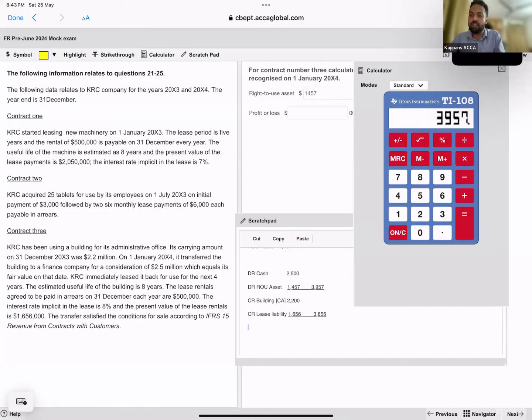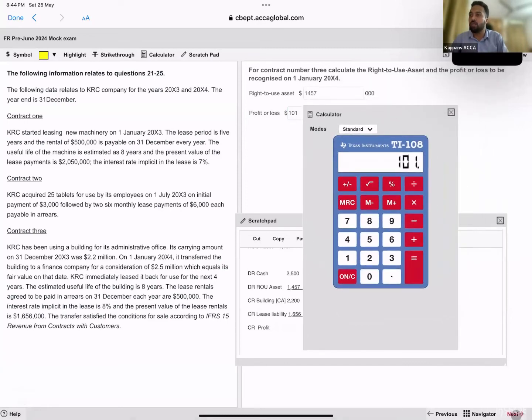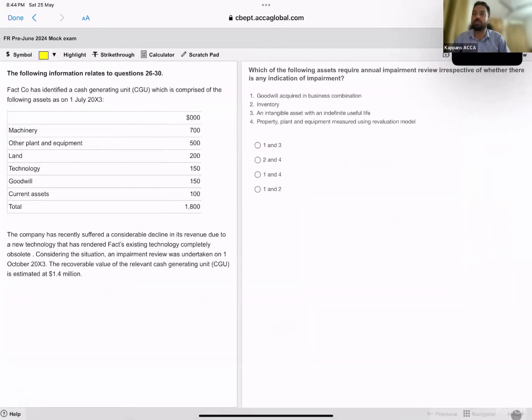There's a difference in the credit side. The difference in the credit side is basically profit. So how much is the difference? The debit is 3957 minus credit 3,856, equal to 101,000. So profit or loss 101. Moving on to the next question.